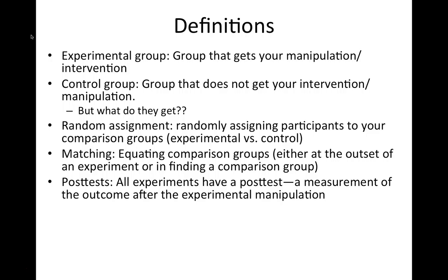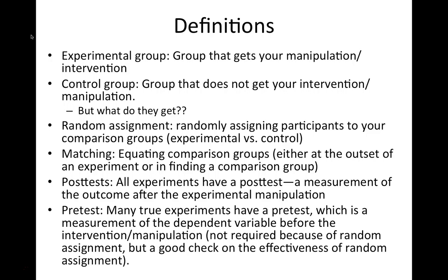All experiments have a post-test, a measurement of the outcome after the experimental manipulation. And many true experiments have a pretest, not all of them, but a pretest is the measurement of the dependent variable before our manipulation. And this is not necessarily required, because if we're randomly assigning people to our conditions, presumably there will be no pretest differences between our groups.